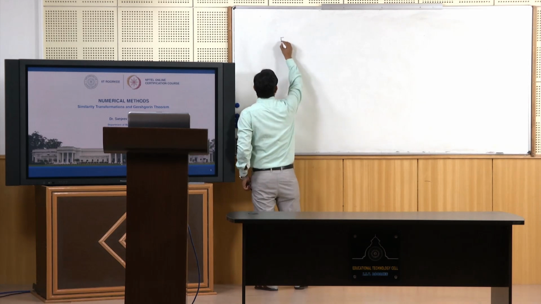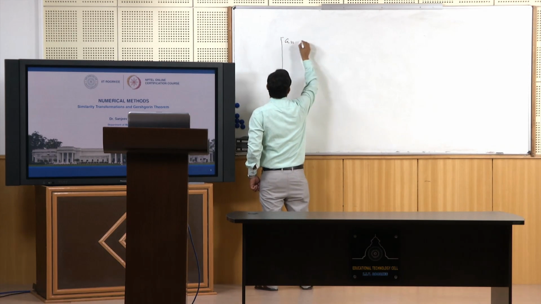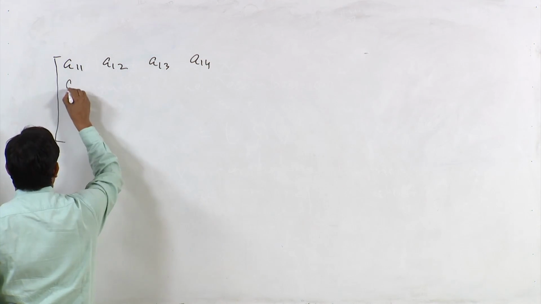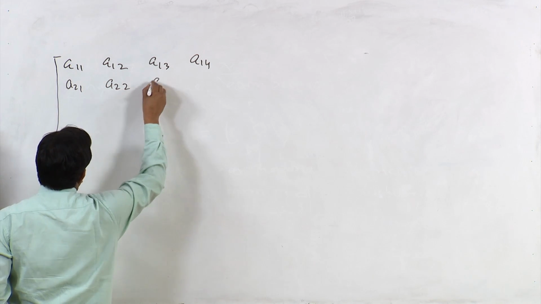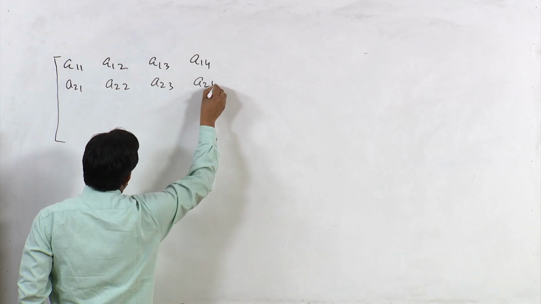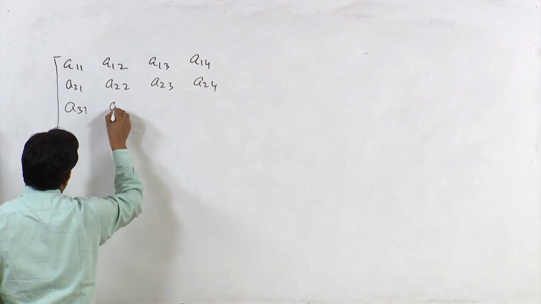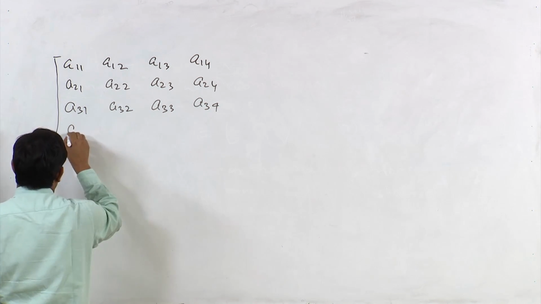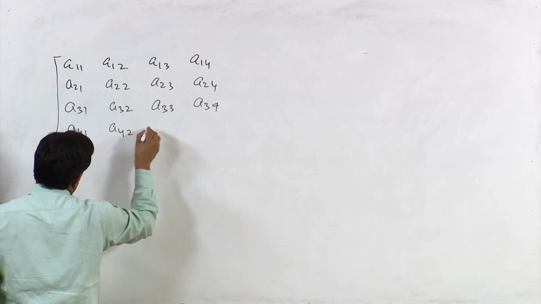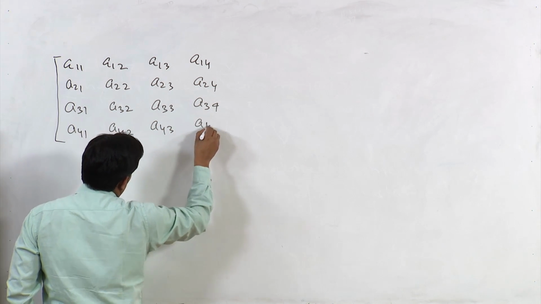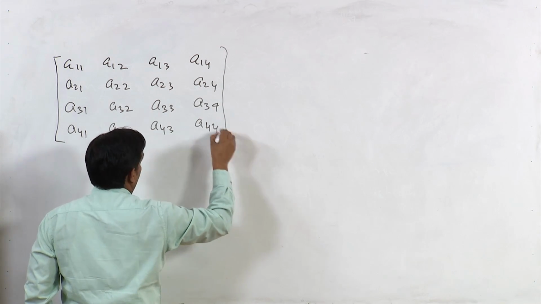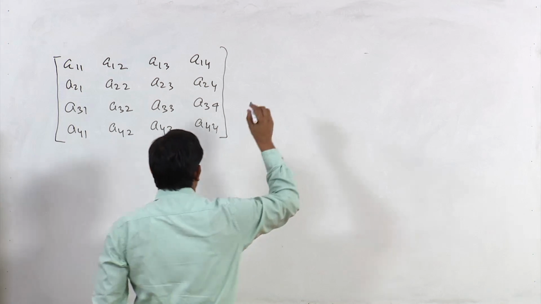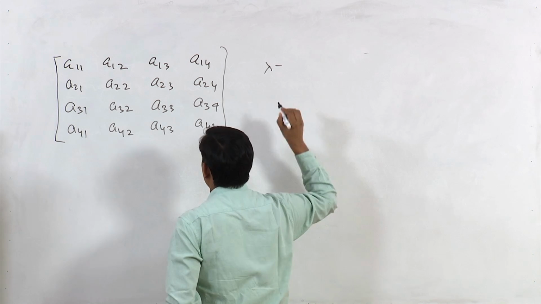Basically, if I am having a 4 by 4 matrix, the Gershgorin theorem tells us that the eigenvalues will be like this.